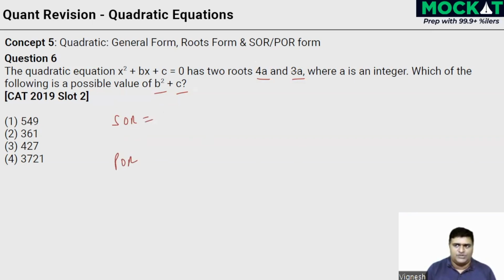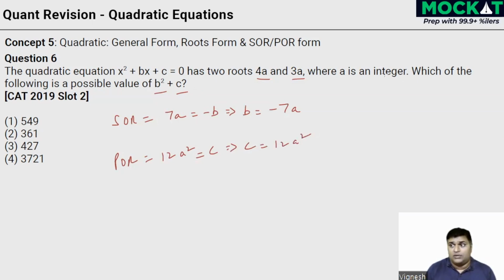What is the sum of roots? 4a plus 3a, which is 7a. And in this case, the sum of roots is going to be equal to minus b by 1, minus b. So which means b equals minus 7a. What about the product of roots? 4 into 3, 12. A into a is a square equals c by 1, right? C by a or c by 1. So c equals 12a square, right? That's it. So let me just rewrite it this way.